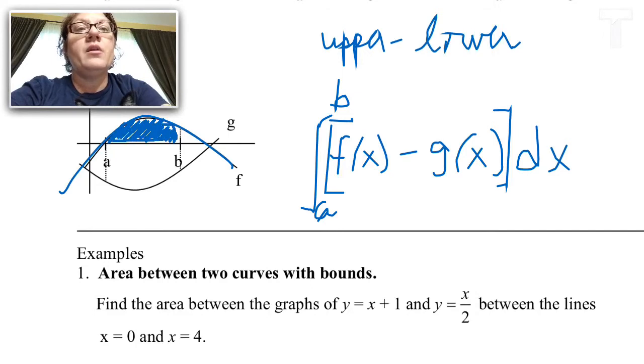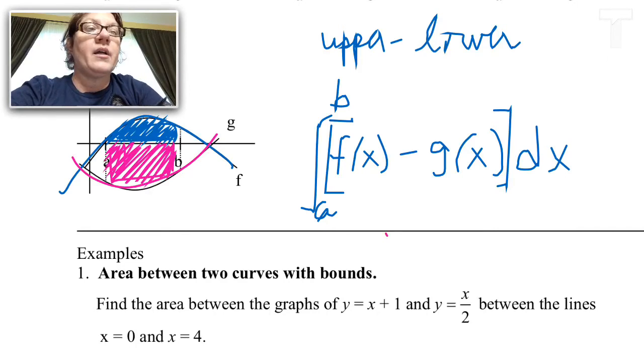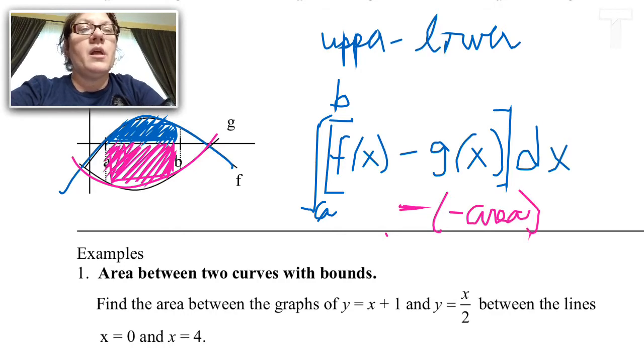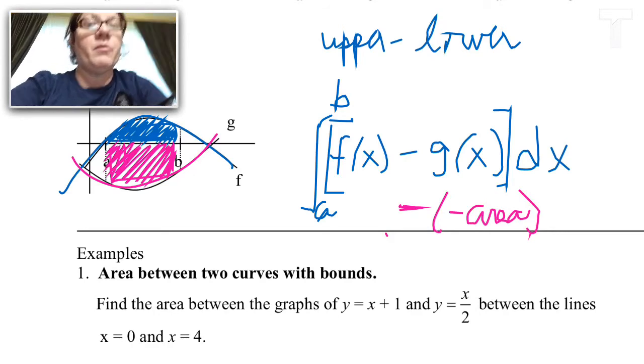And now I know that the area between g of x and the x-axis is going to be negative. But if I subtract that negative quantity, it's really as though I'm adding because of the double negative.